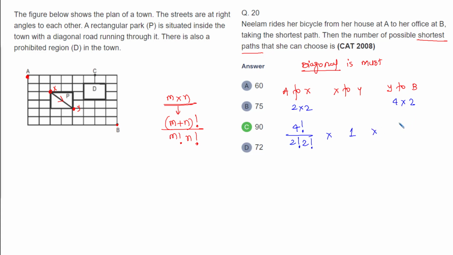Y to B is 4 plus 2, 6 factorial divided by 4 factorial into 2 factorial. So let's calculate this. You can see 4 factorial and 4 factorial will get cancelled out. 6 factorial divided by 2 factorial whole cube, 720 divided by 8. The answer of this question is option C, that is 90.